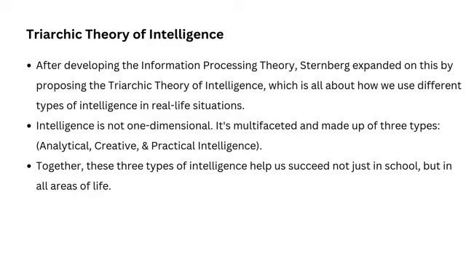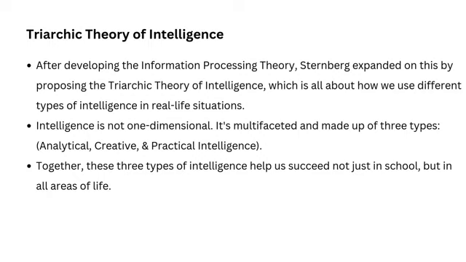Many students used to get confused when they read about Sternberg's theory. They wonder if these theories, the triarchic theory and the information processing theory, are two different theories, are they related, or are they similar? Let me make it simple for you. The information processing theory helps explain how we process information to solve problems.